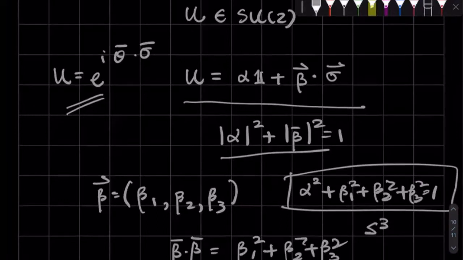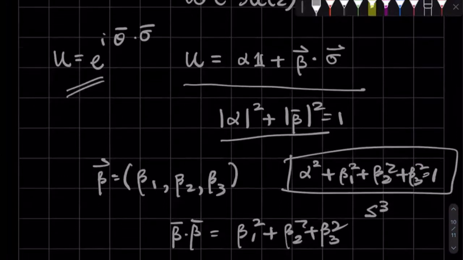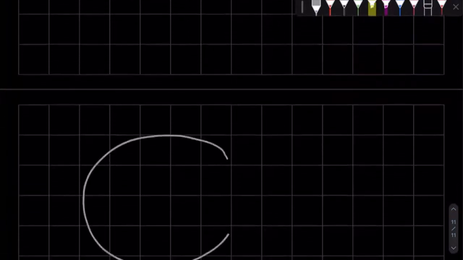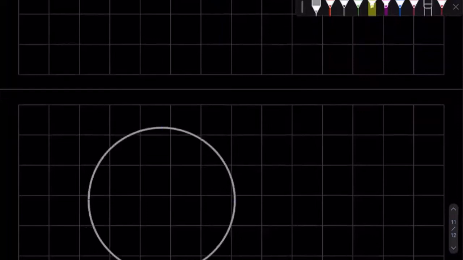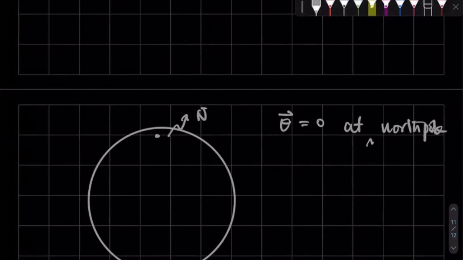So I think you understand that it's a three-dimensional sphere. But what we now want to see is how it corresponds geometrically. And we can do something similar. So a three-dimensional sphere, suppose, has a North Pole. So this is the North Pole. And suppose that we have chosen our parameters in such a way that all the angles theta are 0 at the North Pole.